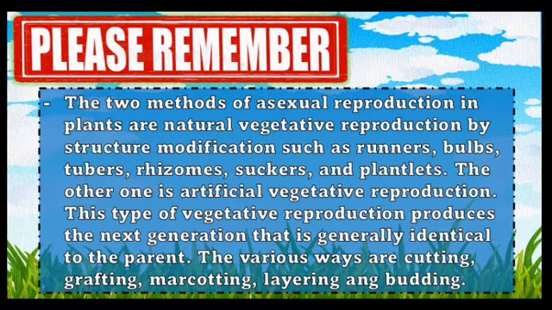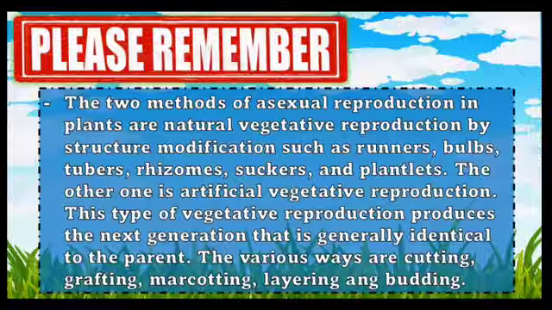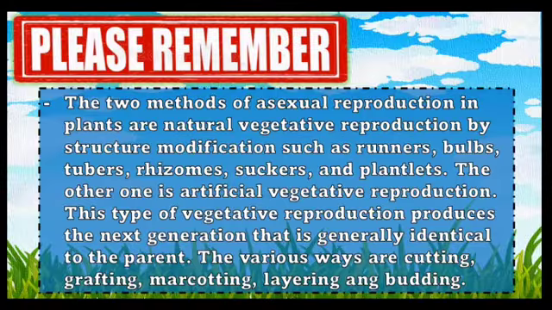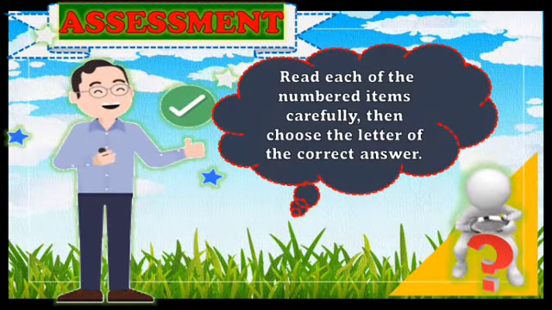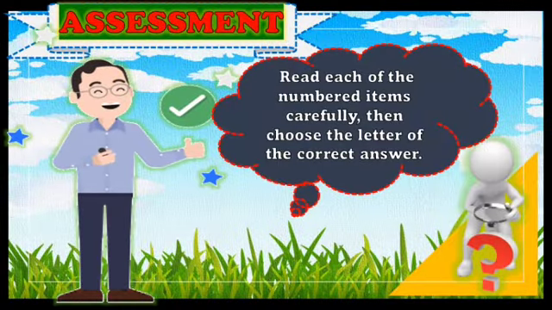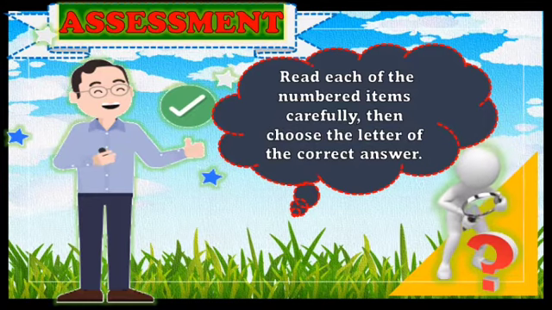The various ways are cutting, grafting, marcotting, layering, and budding. And we have also sexual reproduction through fertilization or pollination, and that is through self-pollination and cross-pollination.